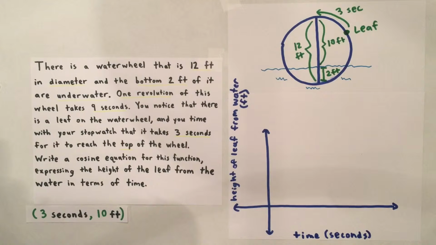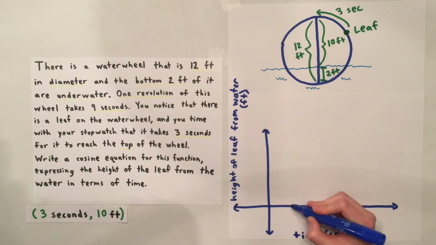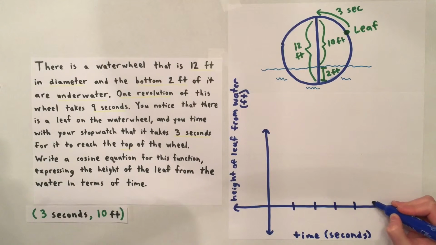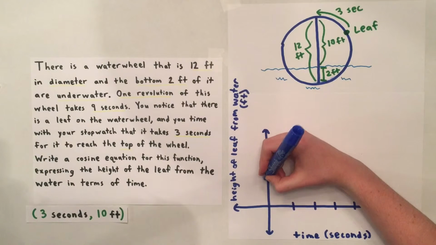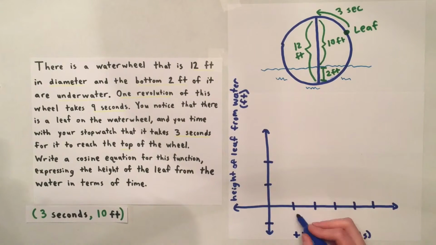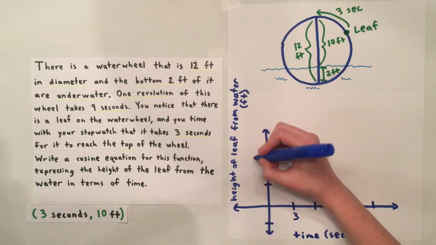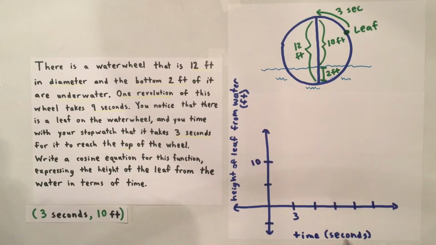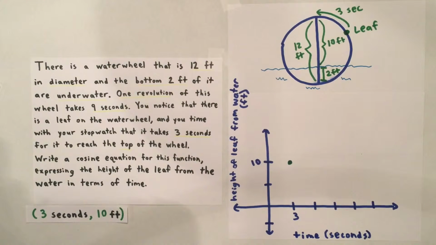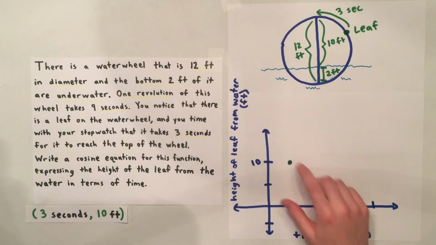Now we need to find another point to add to our graph. And first I will add this. So 3 seconds and 10 feet. So, as I was saying, now we need to find another point to add to our graph. We can use the point we just identified to help us out.